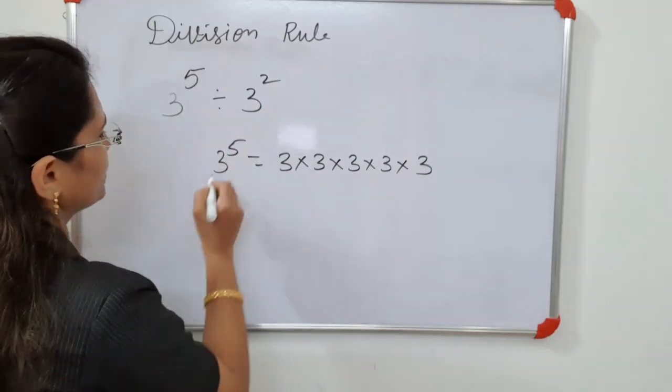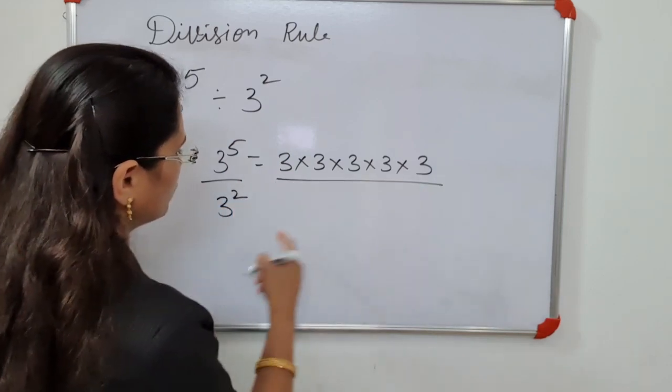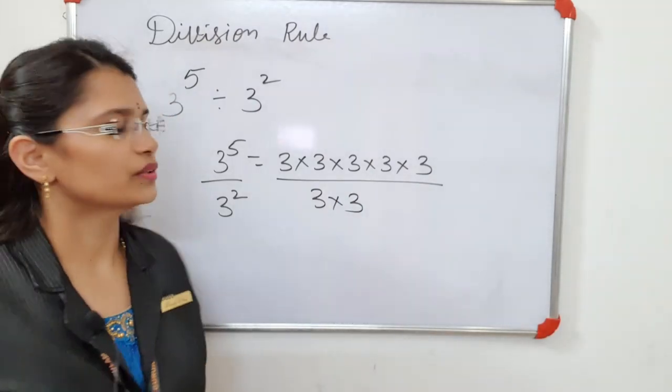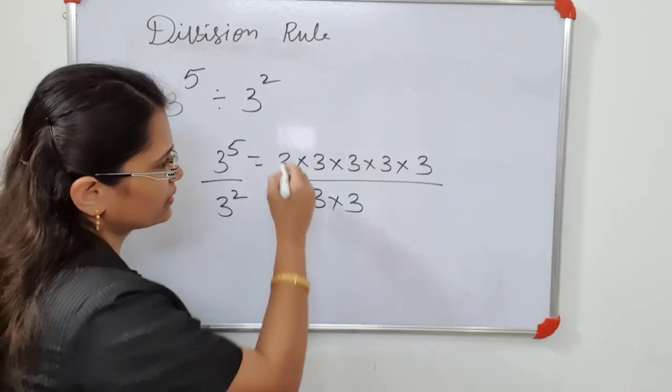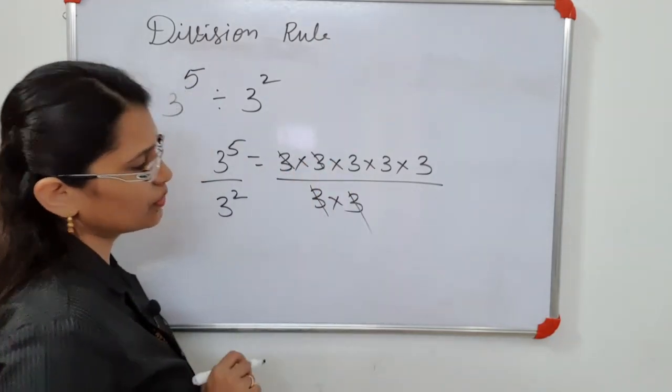And then divided by 3 square, which is equal to 3 into 3. Right? So numerator also, denominator also 3 is there. So we can cancel this. 1, 3 cancelled. Second 3 also cancelled.